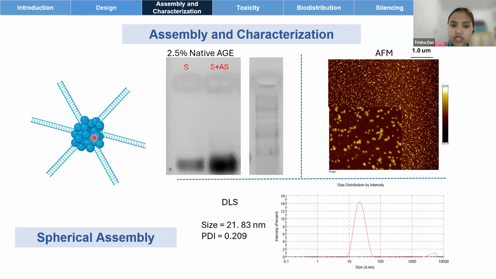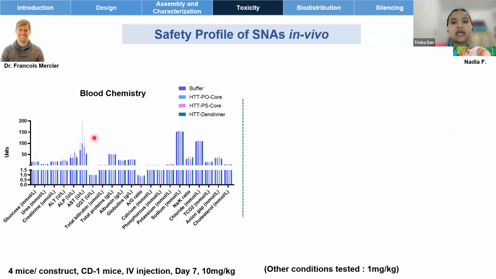After this, we did some studies with our collaborators at the LDI. With them, we did blood chemistry as well as CBC studies, and we found that when the structures are injected by IV injection on day 7 at 10 mg per kg doses, they are not that toxic and compare well to the buffer control, which is in blue here.